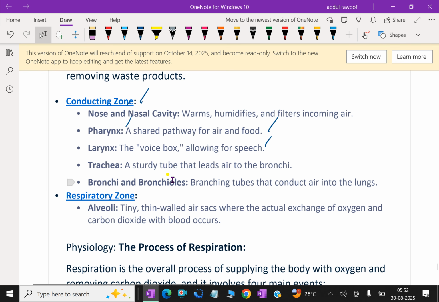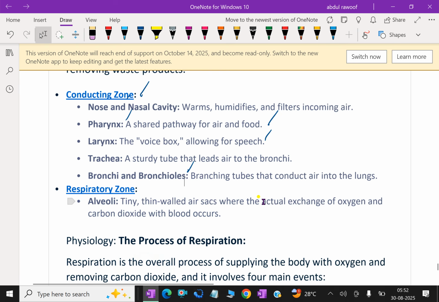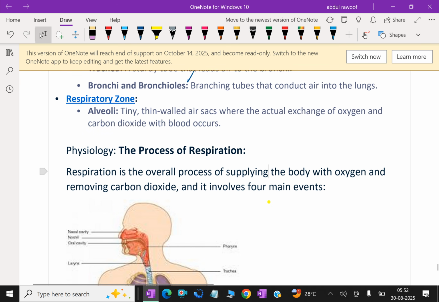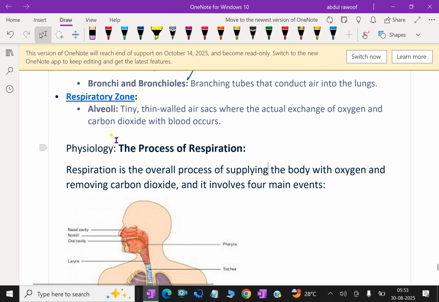Trachea, a sturdy tube that leads air to the bronchi. Bronchi and bronchioles, branching tubes that conduct air into the lungs. Next is the respiratory zone. First part is alveoli, tiny thin-walled air sacs where the actual exchange of oxygen and carbon dioxide with blood occurs.